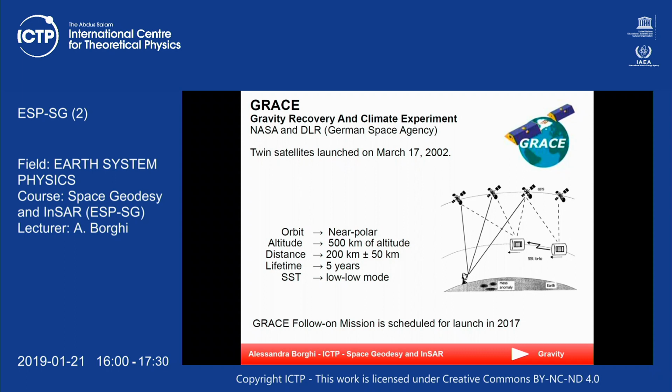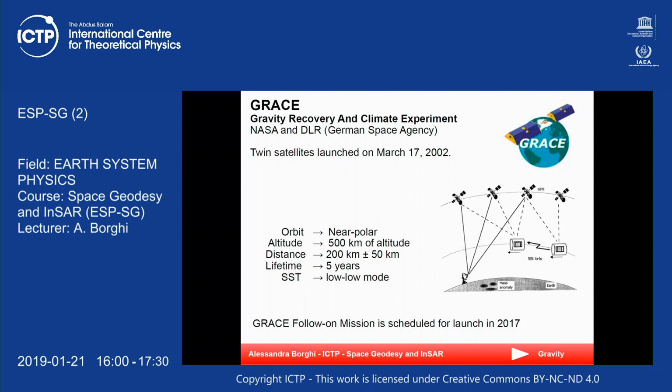And okay, in the GRACE mission we have two satellites working as a pair, and it's important that they work together because they want to record the variation in the gravity field. So one satellite performs a measure, and after a given time another satellite repeats the measure.